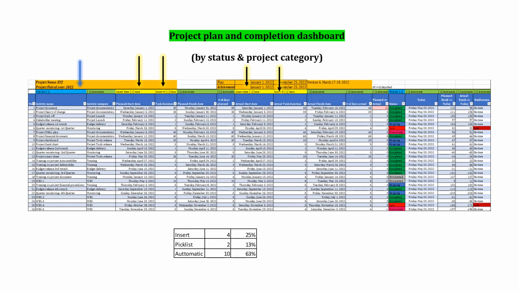The remaining ones are actually taken from the pick list. For example, the first activity will be taken from the pick list, and then the status will also be taken from the pick list, which contains completed, ongoing, late, and future tasks or activity not started.